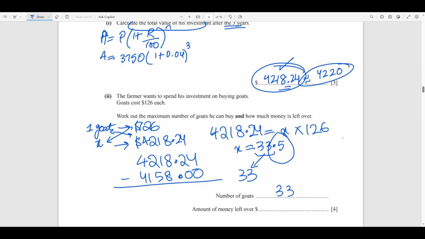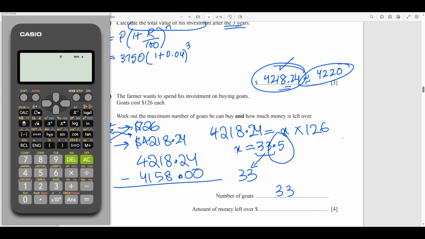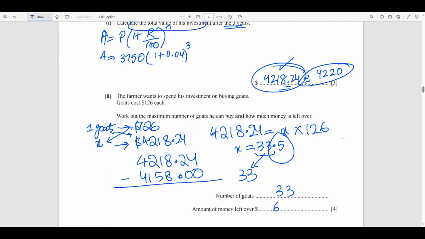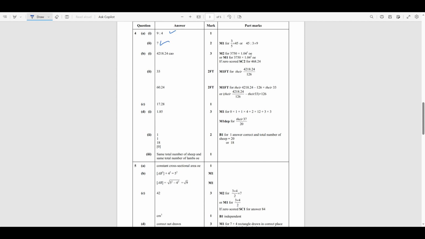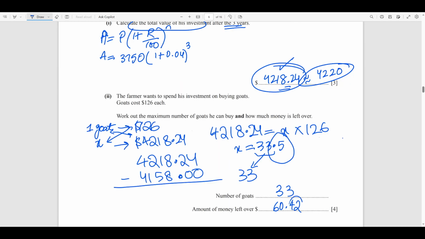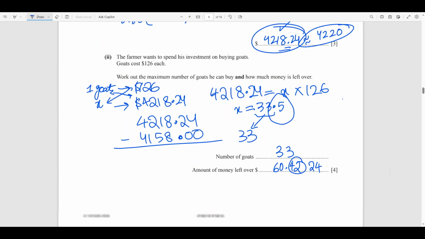So 4218.24 minus 4158 gives us $60.24. Did I write 42? I'm sorry, it's just 24.